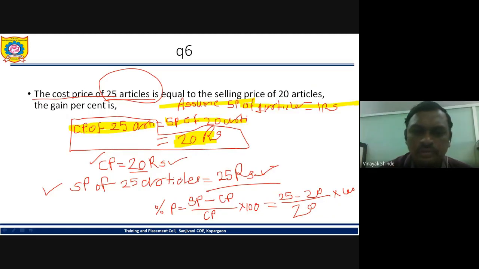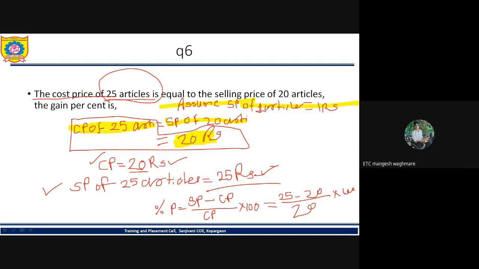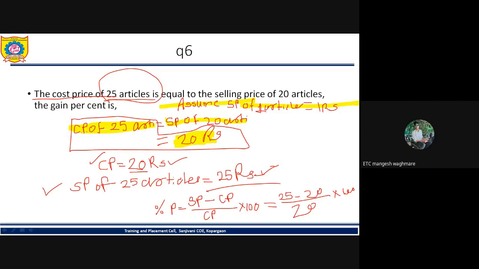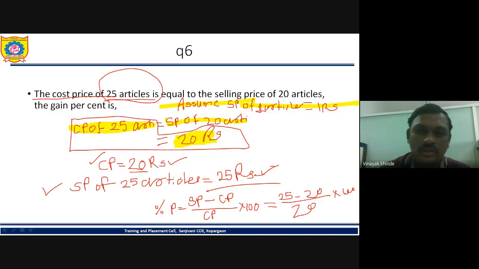What is the formula of loss? Yes, percentage loss formula. Sir, x minus y minus xy upon 100. I'm asking you the loss formula, not the successive profit loss formula.